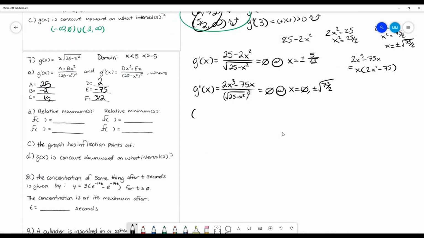Okay. And now we've got our intervals. We've got negative infinity, negative square root of 75 halves, up to, then up to 0.